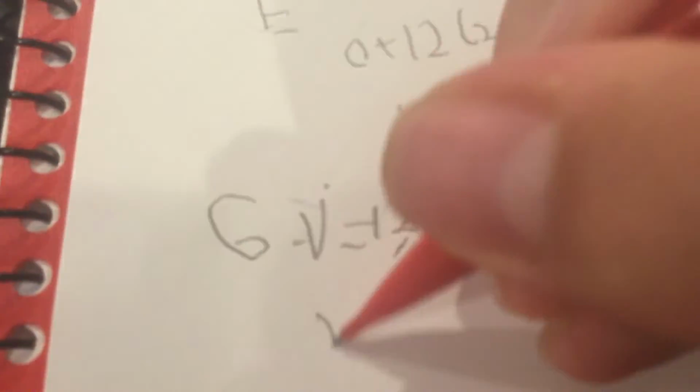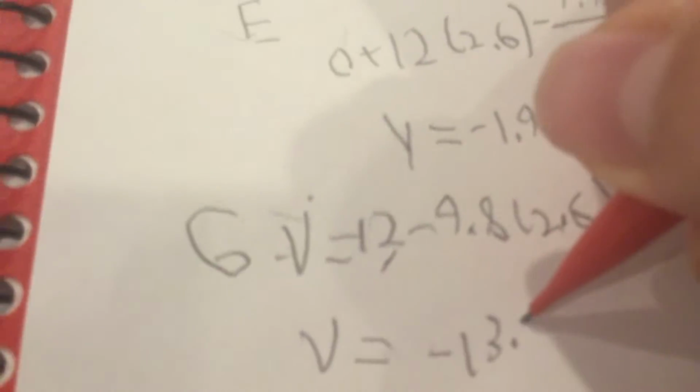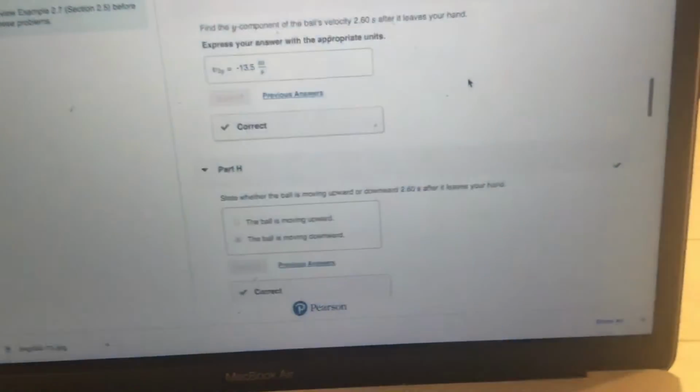Plug that into the calculator: 12 minus 9.8 times 2.6. We get v is equal to negative 13.49, and that's correct.